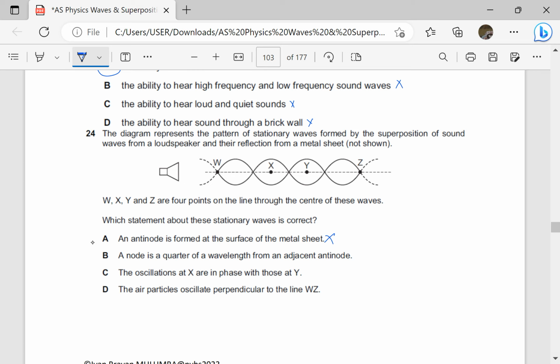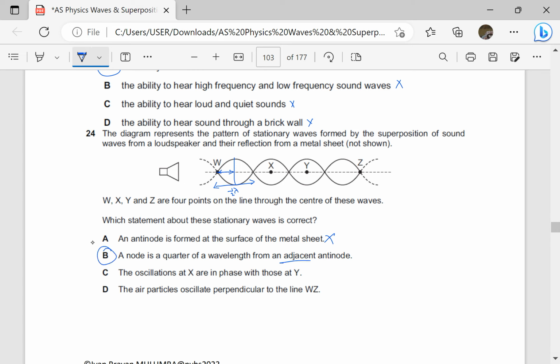A node is a quarter of wavelength from an adjacent antinode. If this is the antinode, note that a node to a node is half wavelength. That means a node to the antinode is again half of half wavelength, which is a quarter of wavelength from an adjacent, meaning the next antinode.